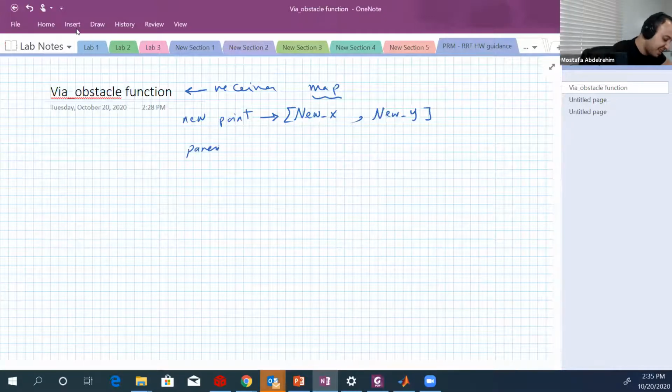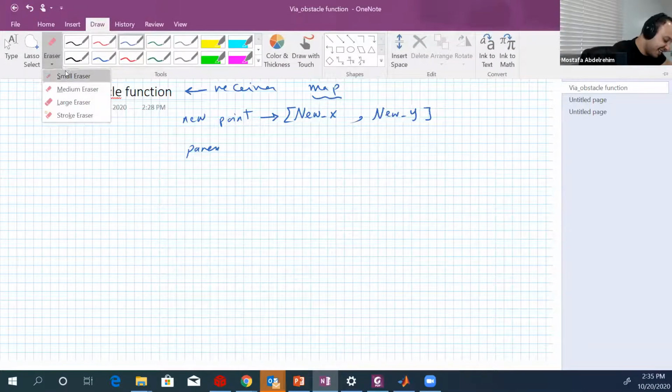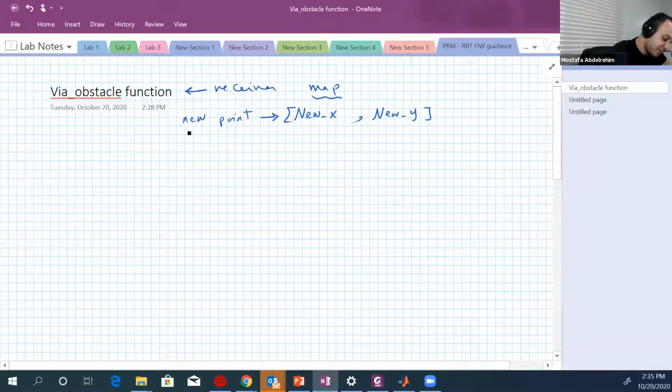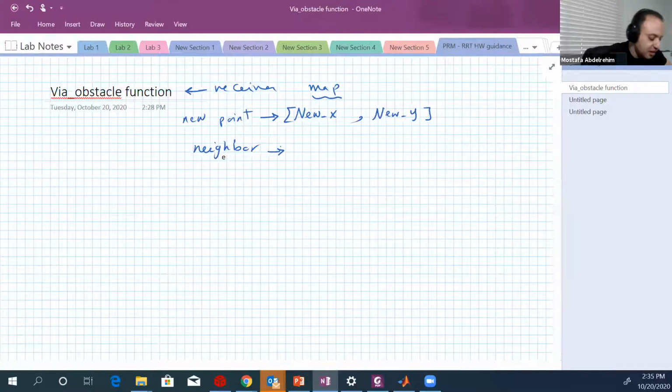Neighbor, not parent, that we might connect to. Of course, it will be a parent if this is, for example, the minimum distance in PRM, okay?